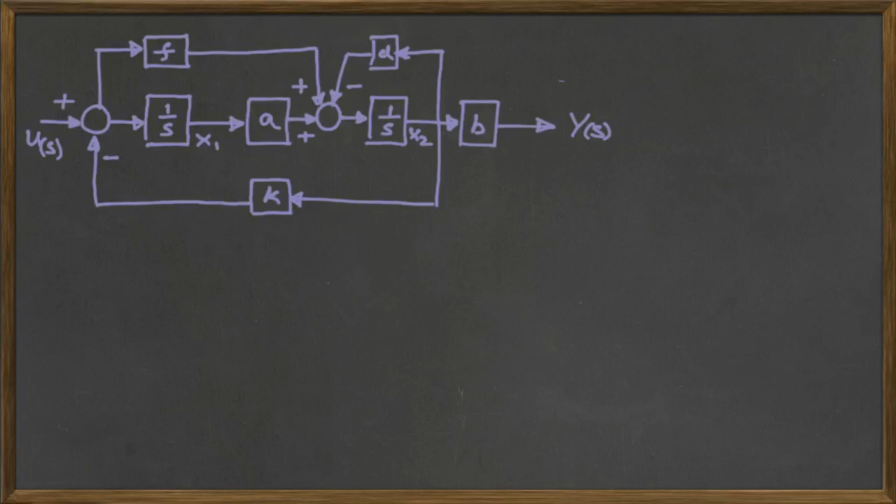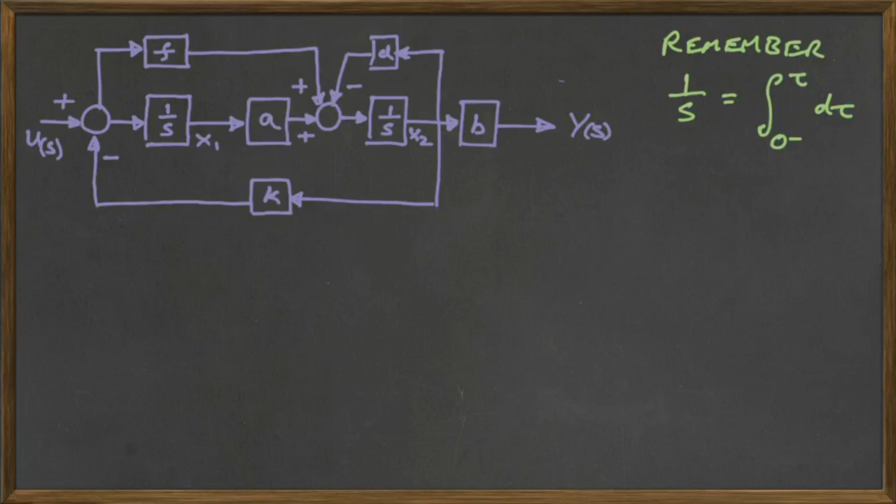x1 and x2 marked on our diagram, and it's quite significant that the x1 and x2 occur right after the block containing 1 over s. Remember that 1 over s in the Laplace domain refers to an integration in the time domain, as shown there in the green on the right hand side.